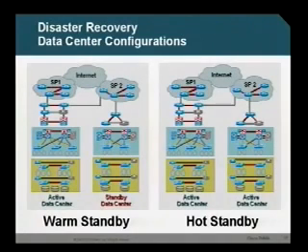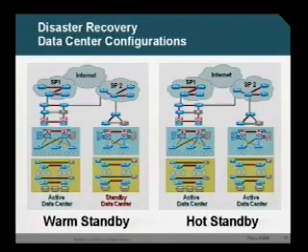If you look at it, there are two terminologies you'll hear: warm standby and hot standby. Warm standby basically means that it's a DR site. We have an active data center and a standby data center. The active data center is the one servicing all the requests coming in, and the standby data center exists just in case there's a failure in the primary, and then we'll service requests on the standby.